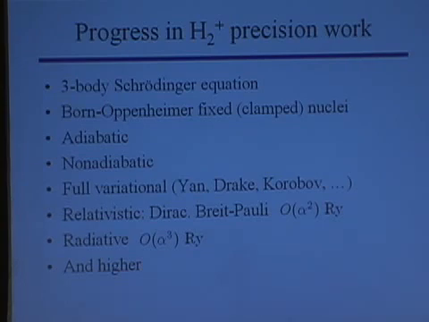But even still, things go on. There's relativistic approaches using the Dirac equation, Breit-Pauli approximation approaches, which are also good for relativity, and are accurate to order alpha squared Rydberg, and even further need for radiative corrections, which are being looked at as we speak in higher terms.